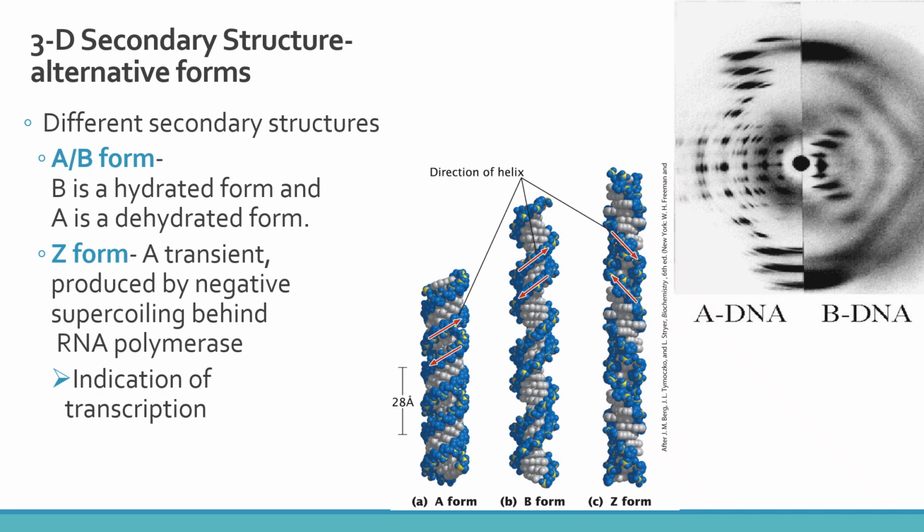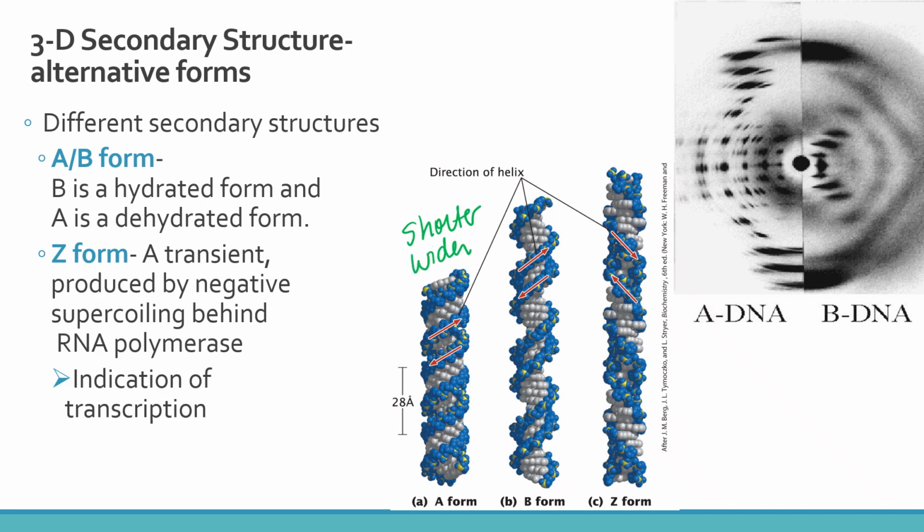So our A form DNA is a little bit shorter, and some of our distances are a little bit different. There's a shorter distance between the turns, more nucleotides in one entire turn, and overall our molecule is squished down a little bit. It's a little shorter and a little wider than our B form DNA.